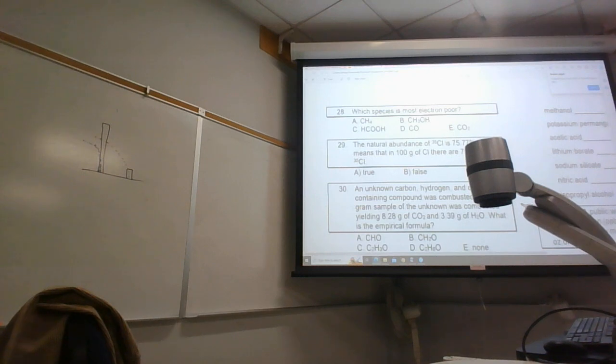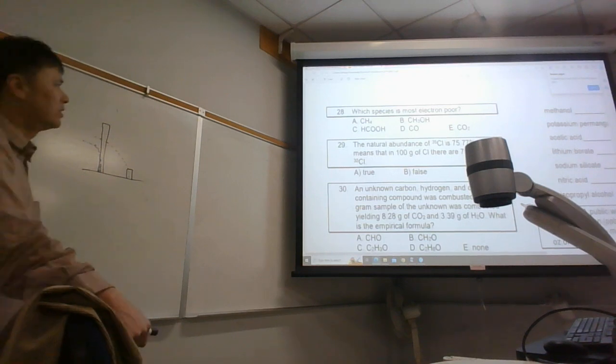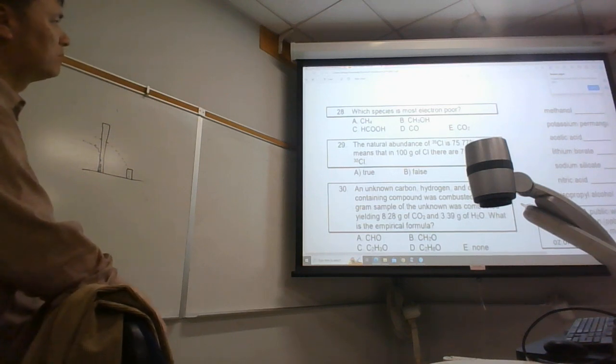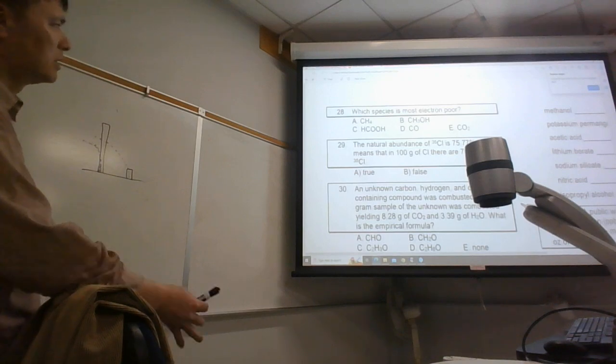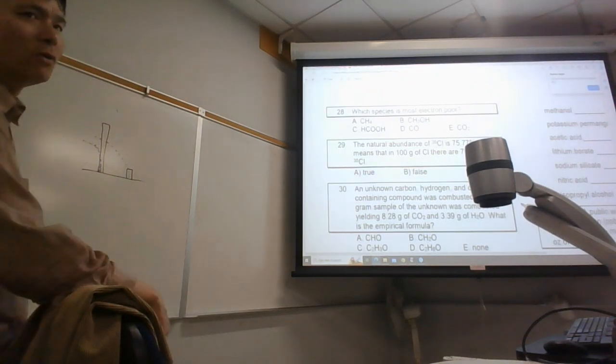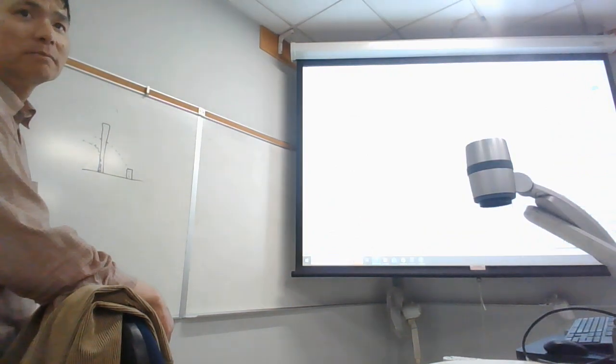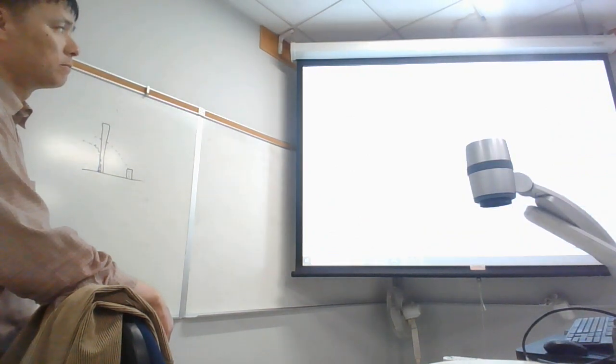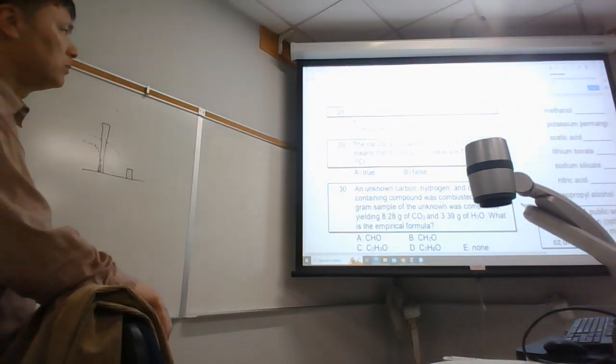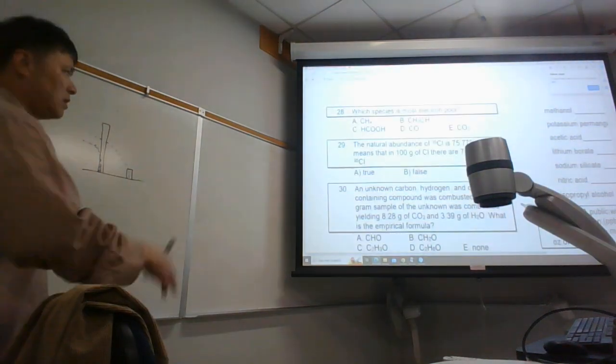Now that I look at this problem, natural abundance of chlorine-35 is 75.77%. Is that a mass percent or a mole or number percent? It's a mole or number percent. These are not mass percent.